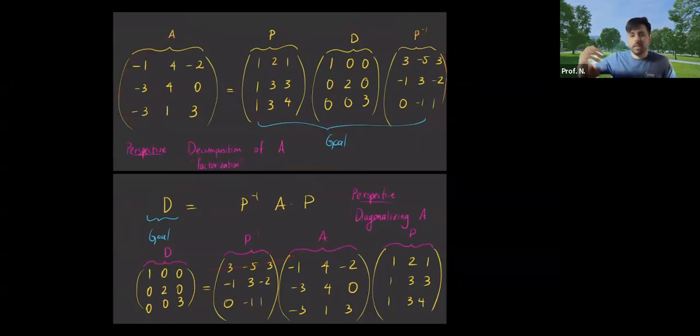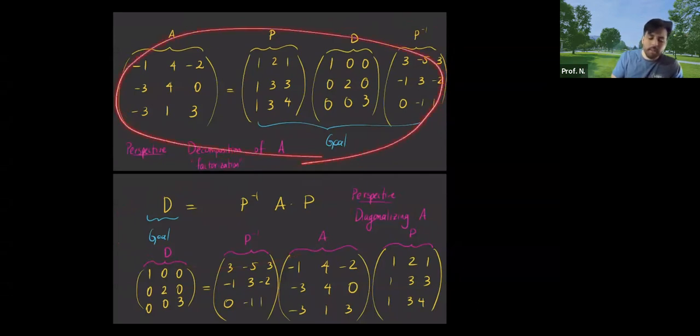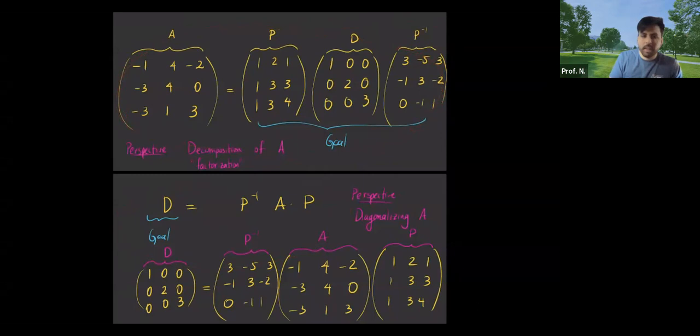It's just a different take on it. This way here, I'm viewing it from the perspective of, let's decompose or factor the matrix A. From this perspective here, let's do something to A, which is to multiply two matrices by A, one on the right and one on the left, so that when I do so, I get a diagonal matrix.